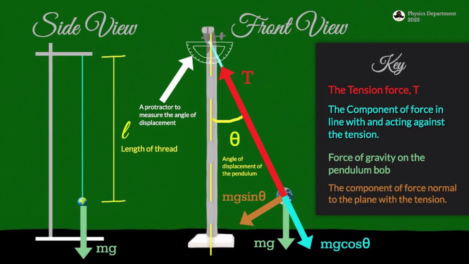tool or instrument. Okay, so the forces that we have: what we call the tension T, which is the force in the string when it tries to pull the pendulum, and the pendulum also pulls the string in the opposite direction.